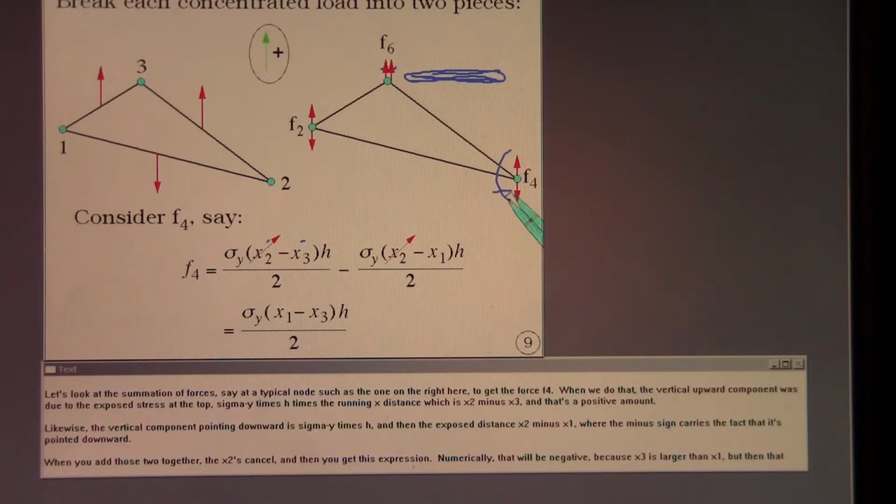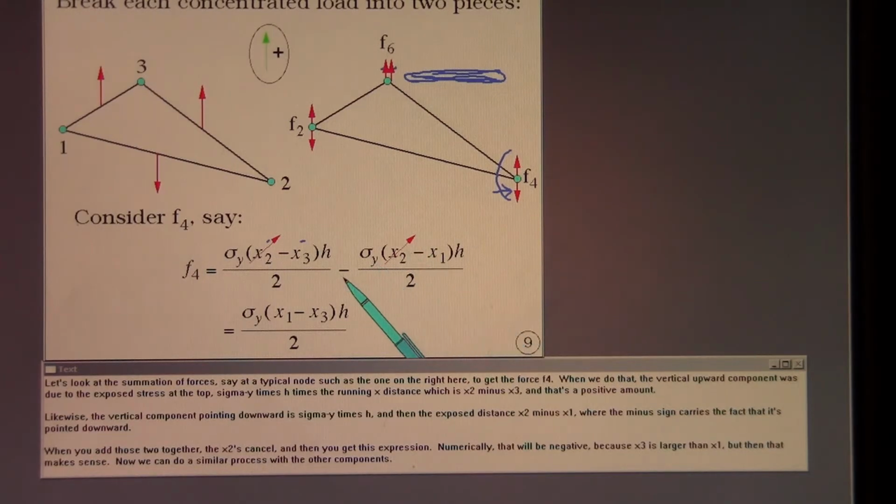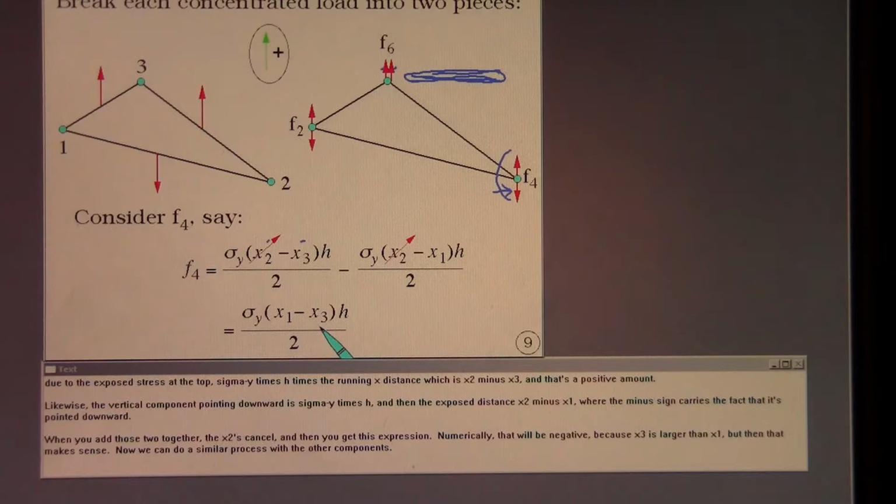Likewise, the vertical component pointing downward is sigma y times h, and then the exposed distance x2 minus x1, where the minus sign carries the fact that it's pointed downward. When you add those two together, the x2's cancel, and then you get this expression. Numerically, that will be negative because x3 is larger than x1. But then that makes sense. Now we can do a similar process with the other components.